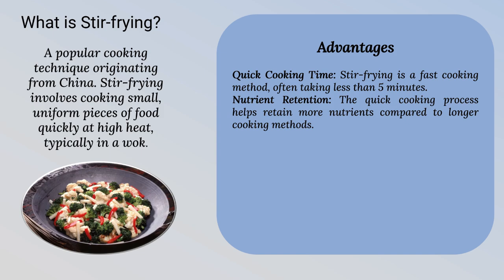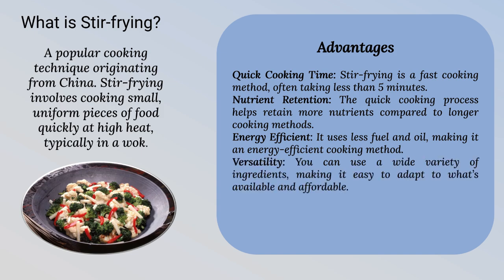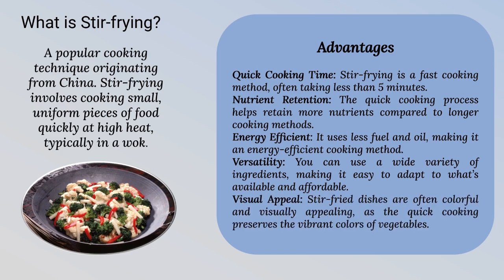The basic science. Energy efficient, of course. It uses less fuel and oil, making it an energy efficient cooking method. Versatility. You can use a wide variety of ingredients, making it easy to adapt to what's available and affordable. So it is versatile in that way also.